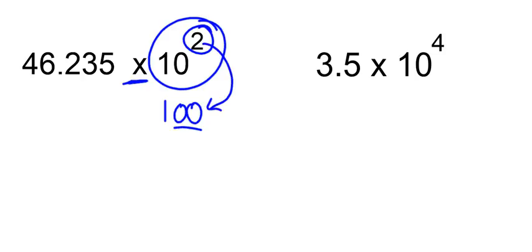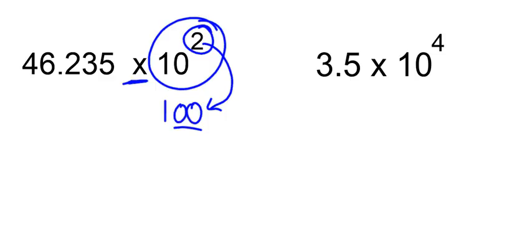Now that understanding of how many zeros there are is going to be important because it's going to help us to move the decimal point. Because when it comes to multiplying by a power of 10 or by 10 or by 100 or by 1000, those number of zeros, or in this case the exponent, tells us how many place values to move our decimal, either to the right or to the left.